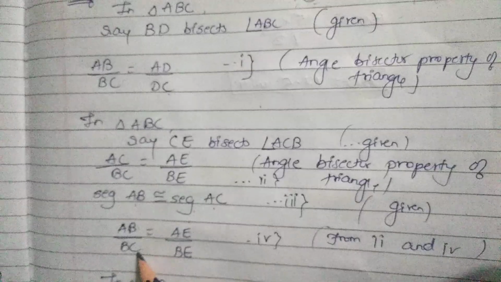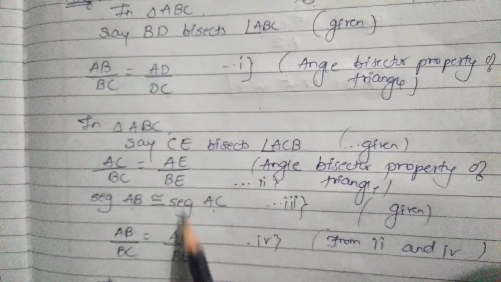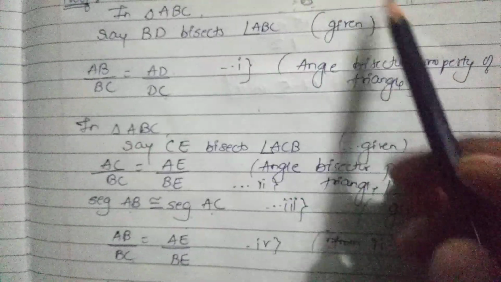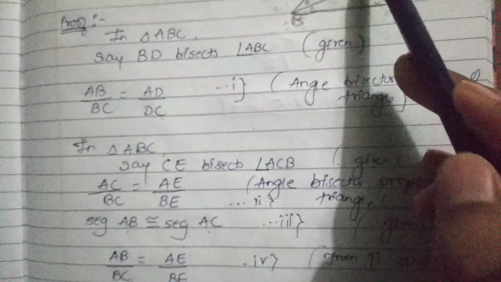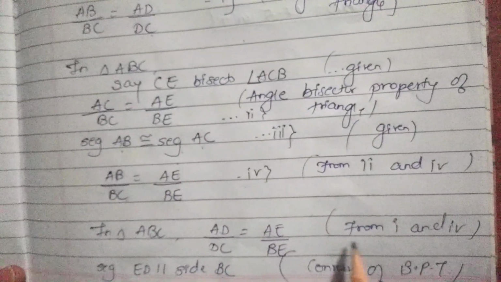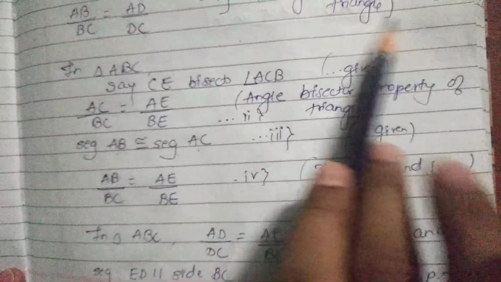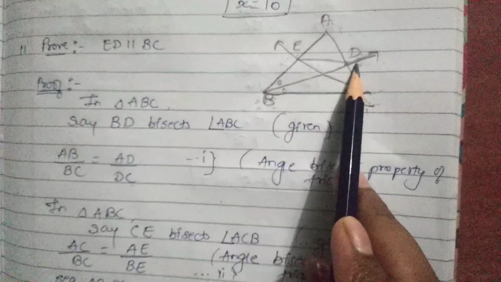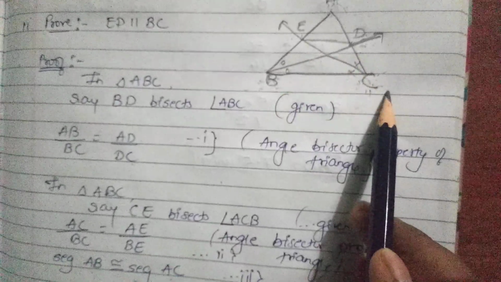So AB upon BC equals AE upon BE. So in triangle ABC, AE upon BE equals AD upon DC. So from 1 and 2 we can say, if the ratios are equal, then line ED is parallel to side BC.